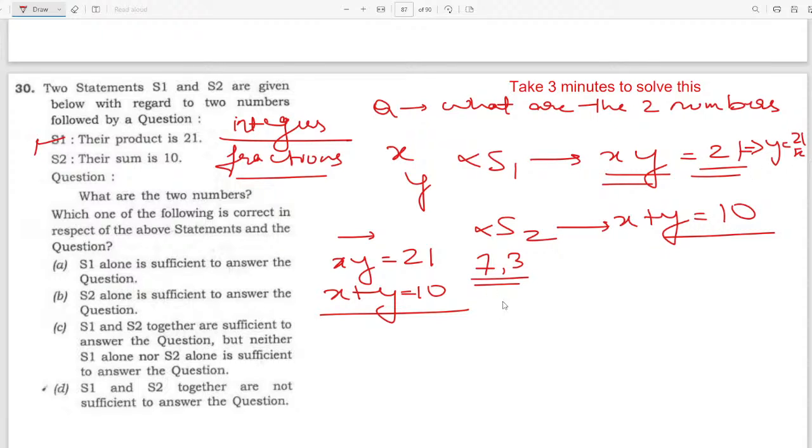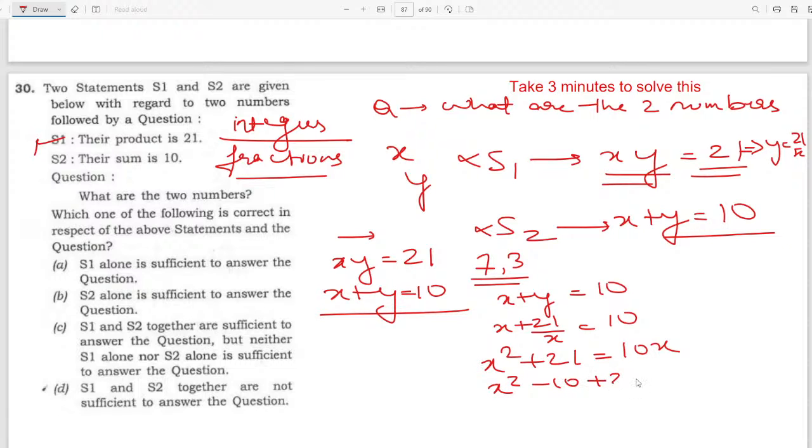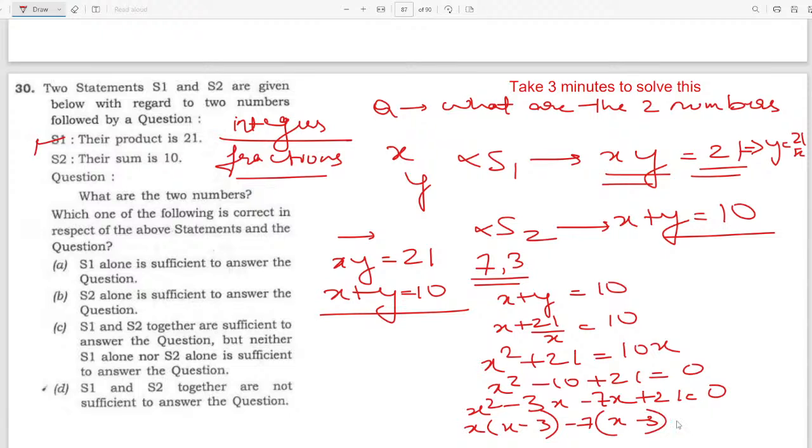So x plus y is equal to 10 becomes x plus 21 by x is equal to 10. x square plus 21 is equal to 10x. x square minus 10x plus 21 is equal to 0. If I factorize, this will be x square minus 3x minus 7x plus 21 is equal to 0. Taking x common, this is x minus 3 and minus 7 common, x minus 3.